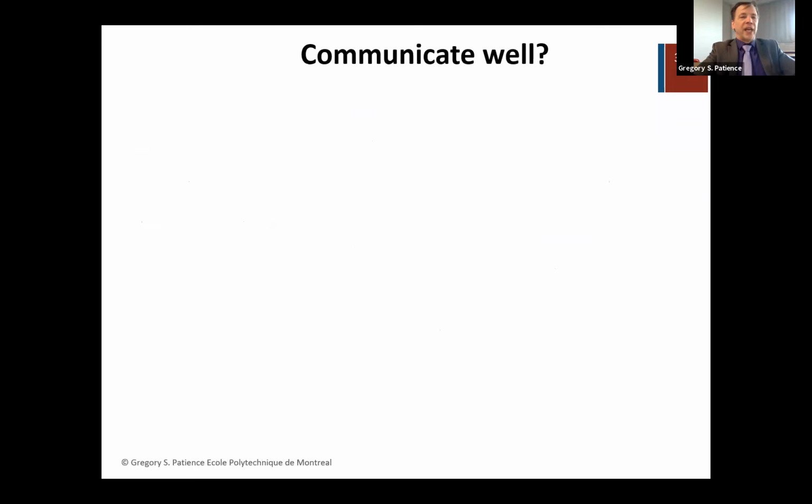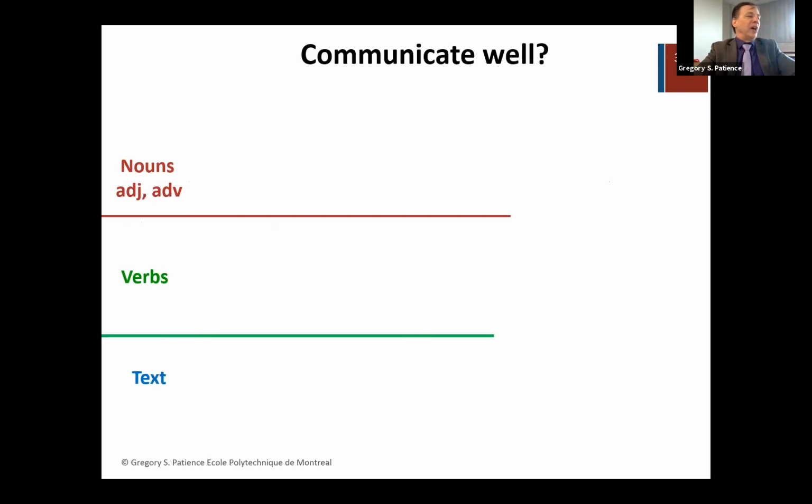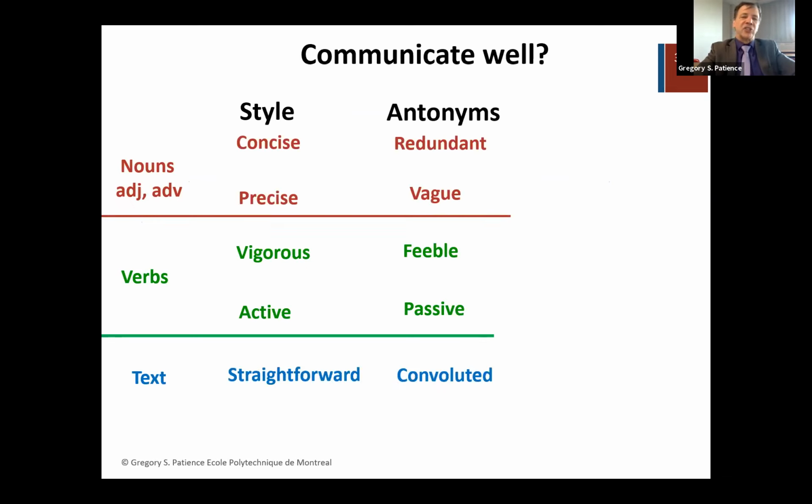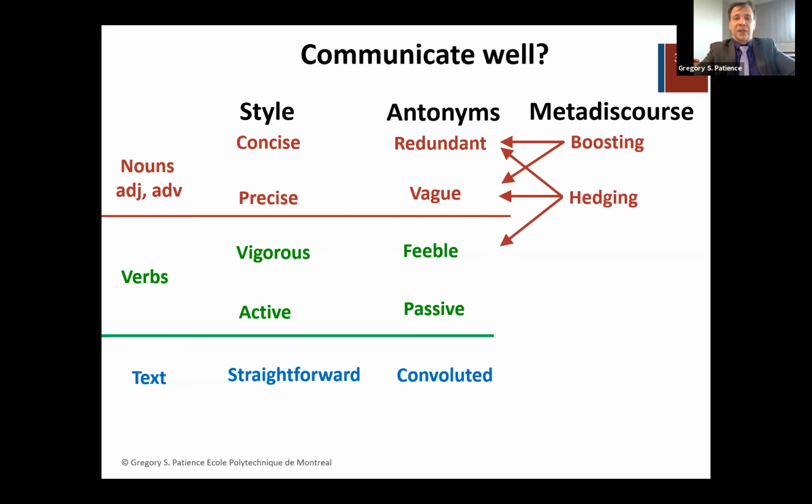So to communicate well, what we say is we've got to look at nouns, verbs, and text. And what we propose is concise, precise, vigorous, active, and straightforward language, okay? We gave examples of each of those, and then we said, okay, well, how about meta-discourse? Well, meta-discourse is related to our style, okay? So boosting is redundant and vague. Hedging is redundant, vague, and feeble.